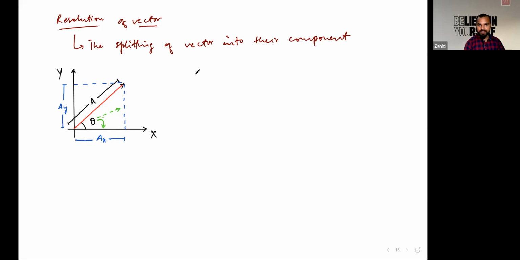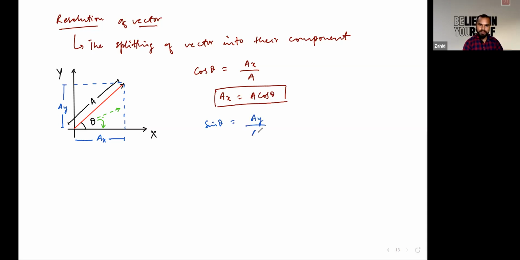So cos theta is equal to base over hypotenuse, so it will be AX over A. So AX would be equal to A times cos theta as the first part. And similarly, sine theta is perpendicular over hypotenuse, so AY will be A times sine theta.